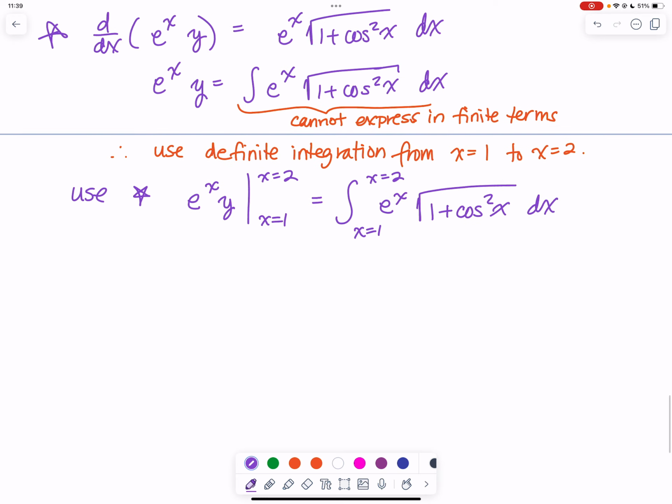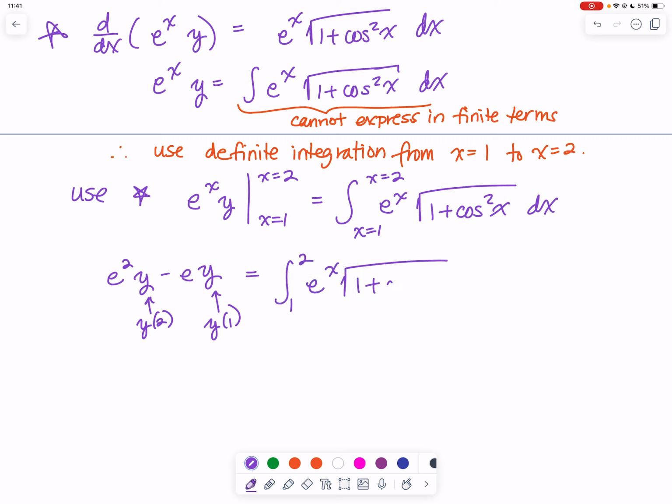Now, this left-hand side is e squared y minus e y, and that's going to be equal to, now keep in mind that this is y of 2 and this is y of 1. So we do need to keep that in mind. And here we have that right-hand side is just the integral from 1 to 2 of that same expression.